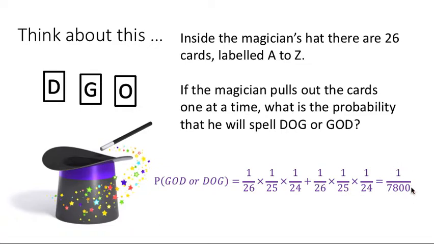So that's your answer, 1 out of 7,800. So I'm not going to do the, well, double that, 15,600 different combinations of 26 letters, but then only 2 of them are right. So here, this little formula helps you out.